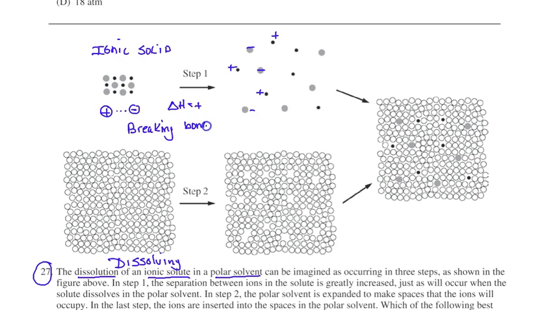And if we're going to break a bond with a very, very stable state, right, low energy, then of course it's going to take a lot more energy to break the bond. So breaking the bonds, delta H is definitely positive in this case, okay? Takes energy to break that attraction.